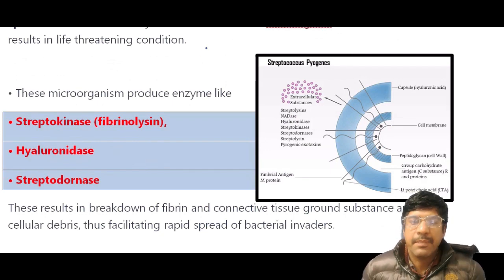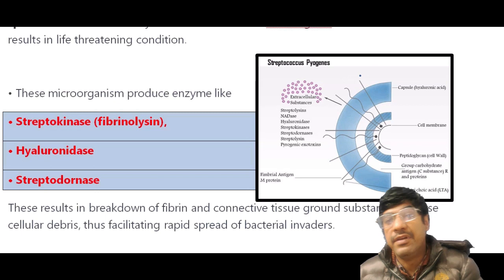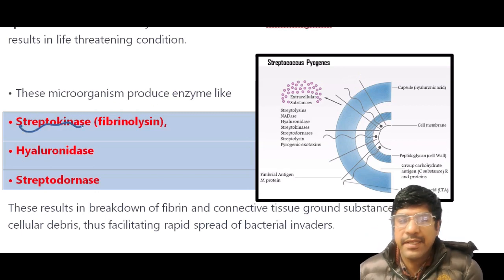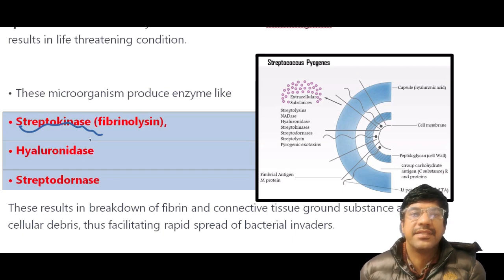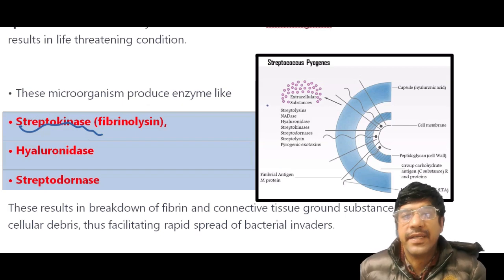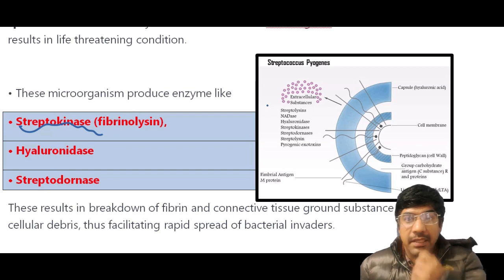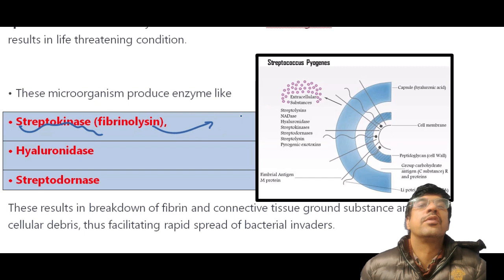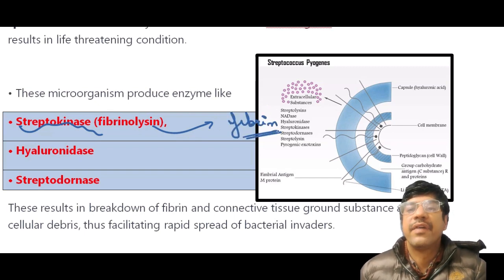Now, what are the enzymes that are produced by these microorganisms? These microorganisms produce enzymes like streptokinase. Streptokinase is an enzyme that is produced by certain bacteria. What is the main function of streptokinase? Its function is to break down fibrin, also known as fibronectin.